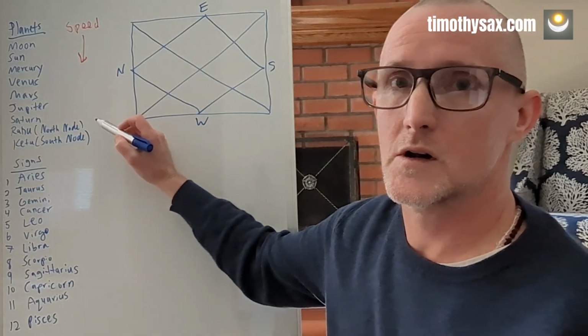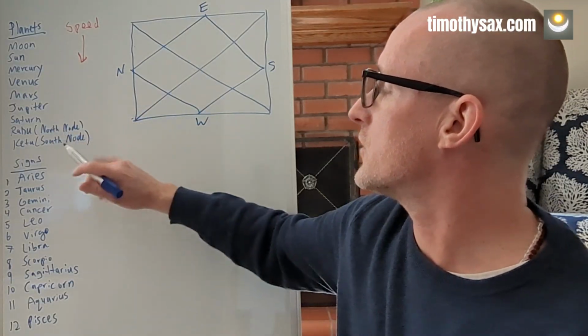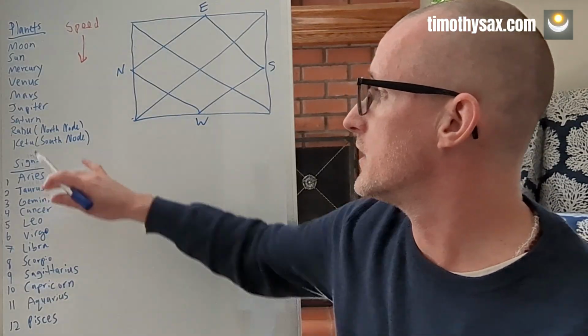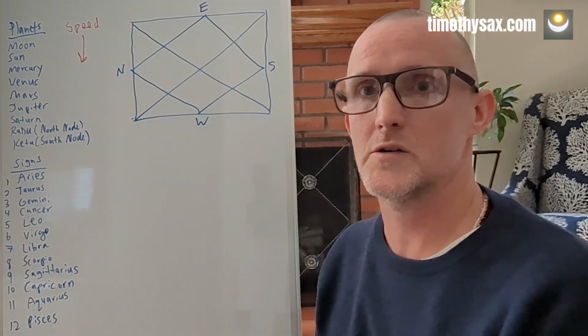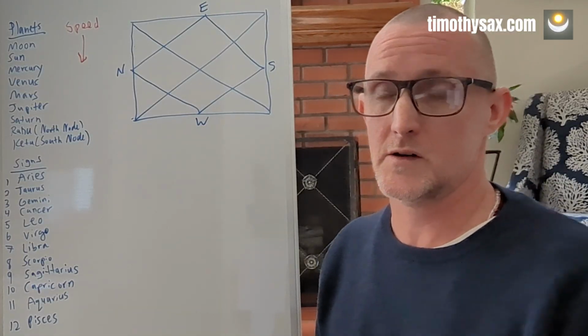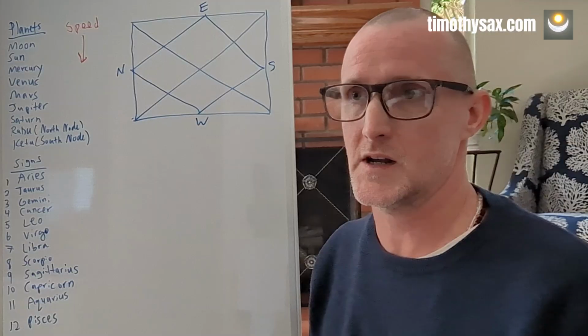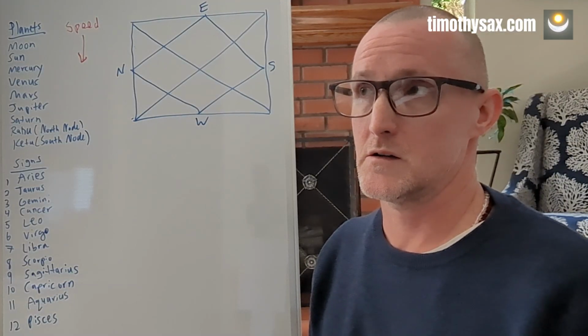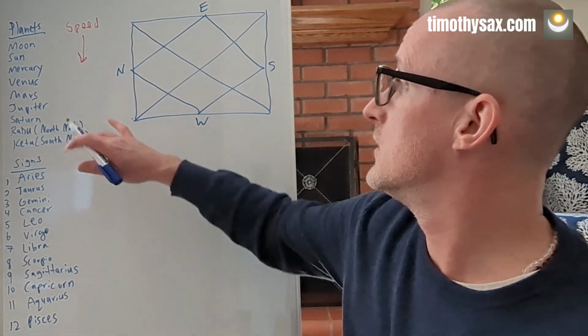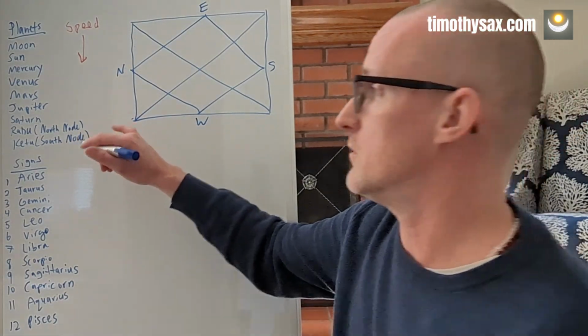Also shown are the north node and the south node of the moon. In Vedic astrology, these are called Rahu and Ketu. There's mythology behind it. It's very meaningful and helpful to understand what they signify. But for now, we'll just focus on a little bit more of the astronomical part of it.